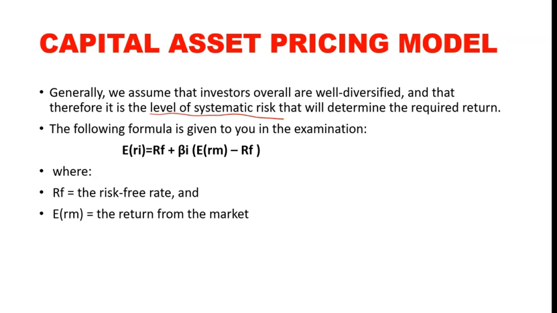Remember, the formula for the CAPM model is as follows, and this formula is given in your exam. The expected return from an investment, or the return required by shareholders, is equal to the risk-free rate plus beta multiplied by the return from the market minus the risk-free rate.